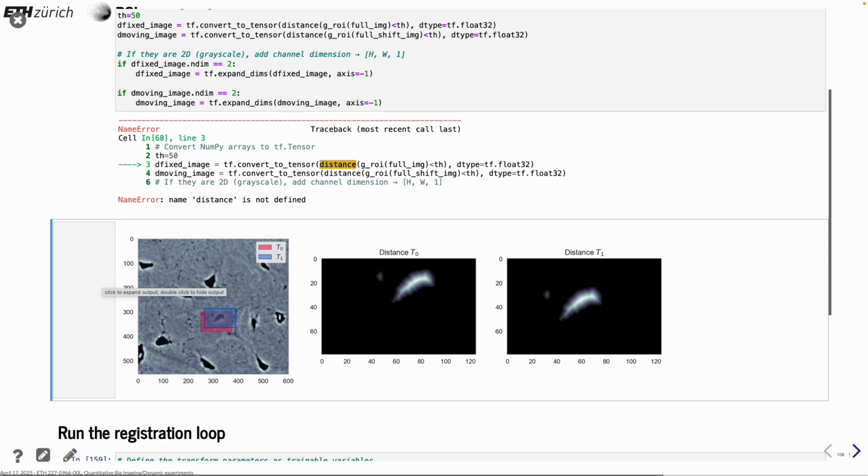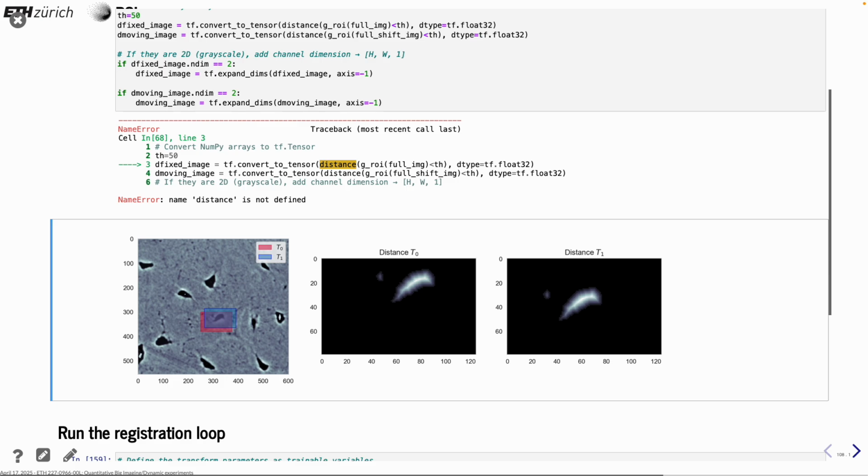As an alternative to the gray level image, we can also segment the image, which is done up here. We take the image and set a threshold, which just identifies the dark region. And then we compute the distance transform, and the images that we are going to use in the registration process are these two, where you can see just the distance map of the objects.